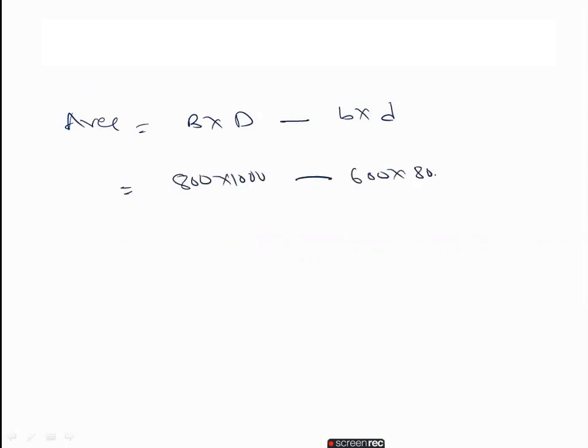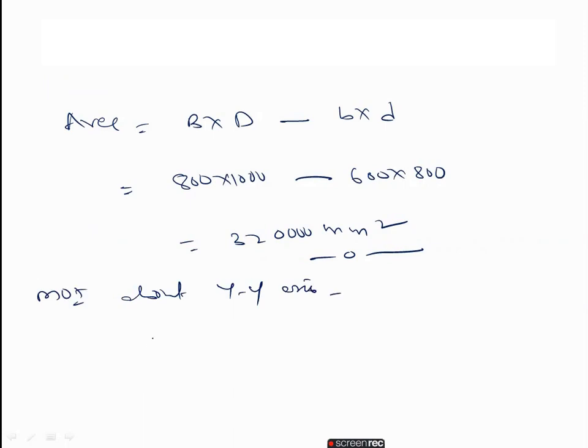Now calculate the area. Area is B into D minus small b into small d. So 800 into 1000 minus 600 into 800, you will get 320,000 mm squared. This is the area. Now calculate the moment of inertia about the y-axis.